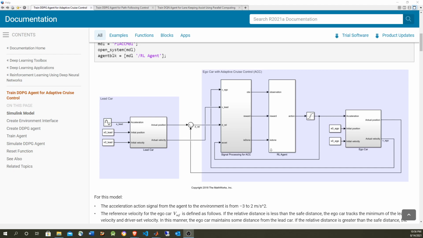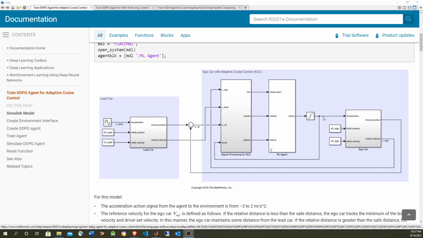Okay, so the agent will have a deep learning neural network that predicts the long-term reward based on this observation and data that it takes as input. Also, it's going to have a deep learning neural network to predict the new action that it's going to take on the system.